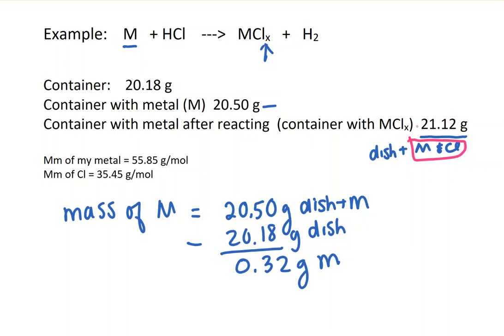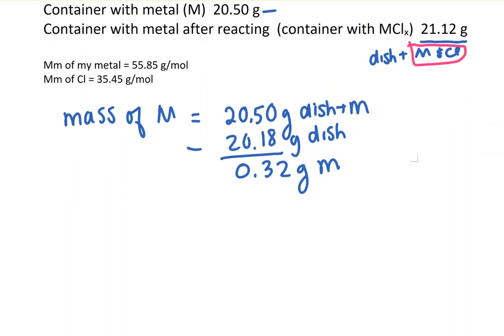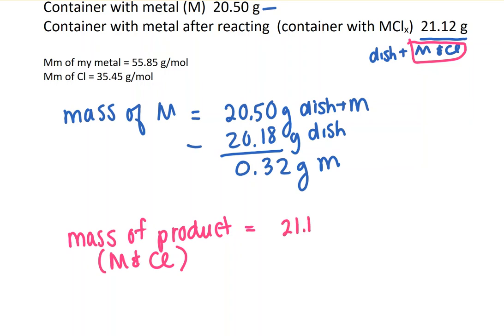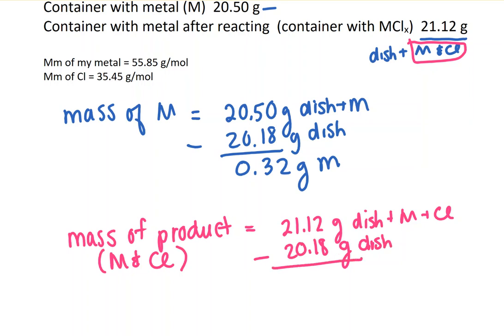So I'm going to take this as my total and subtract off the dish again. Then from that I can get the mass of the chlorine.